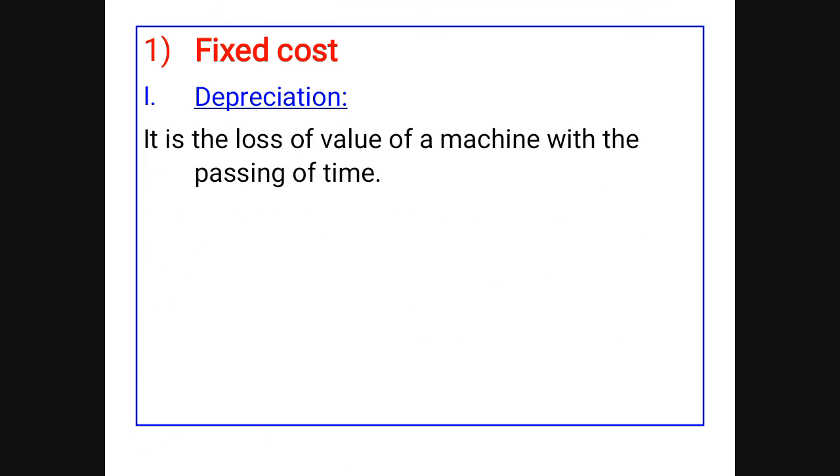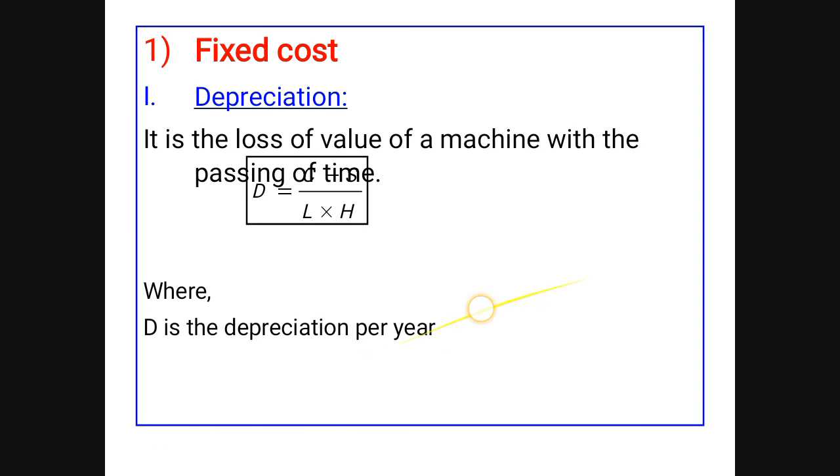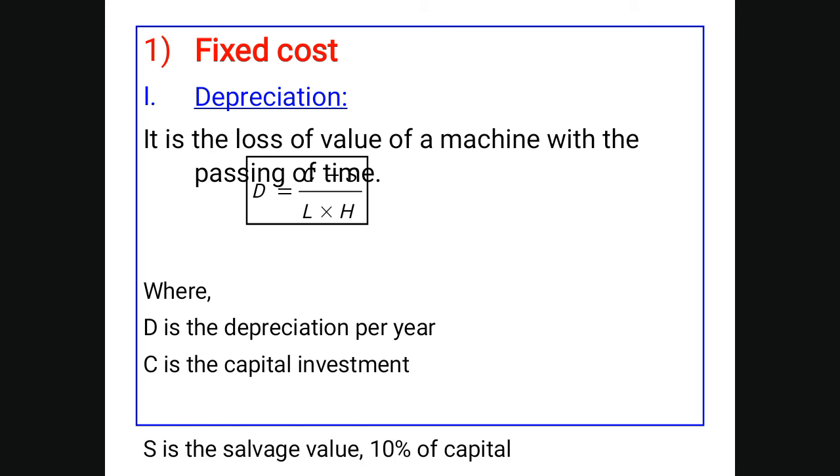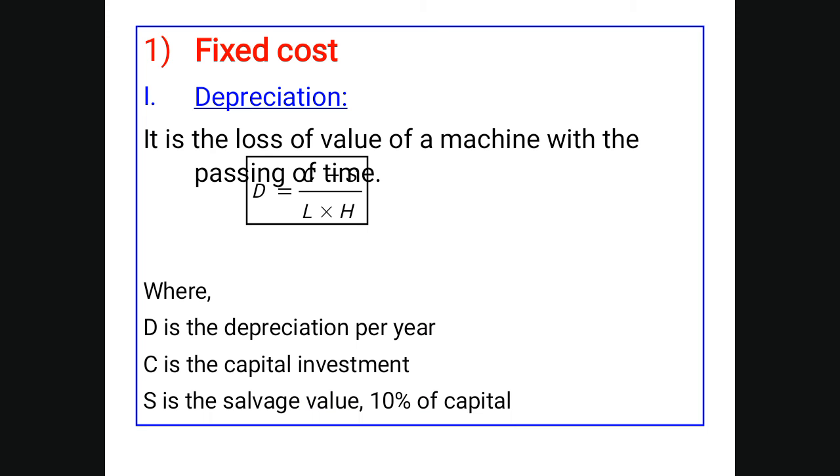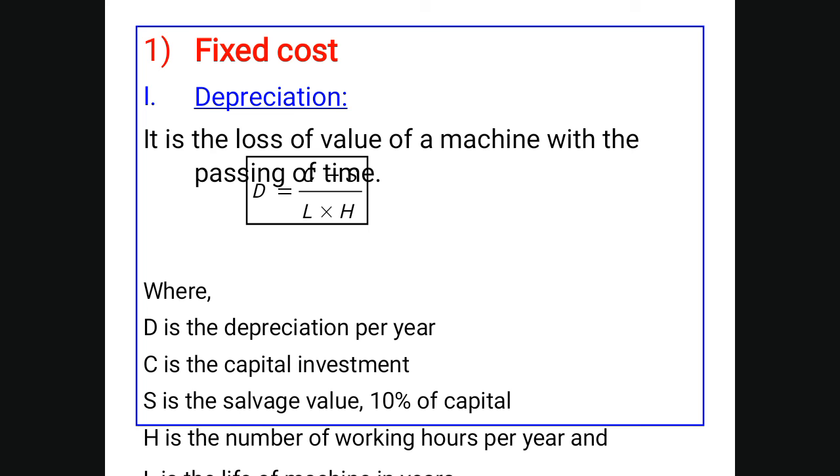Depreciation is the loss of the value of the machine with the passage of time. It is calculated by D is equal to (C minus S) upon (L into H), where D is the depreciation per hour, C is the capital investment, S is the salvage value in percent, H is the number of working hours per year, and L is the life of the machine in years.